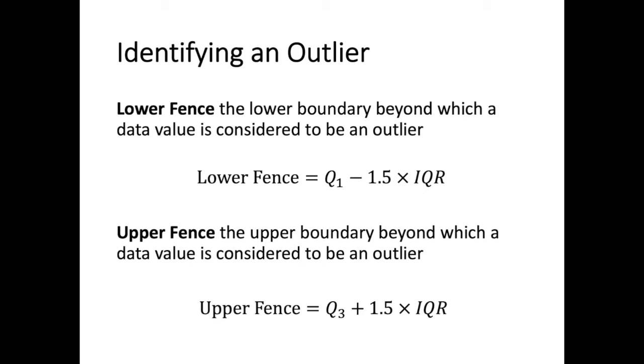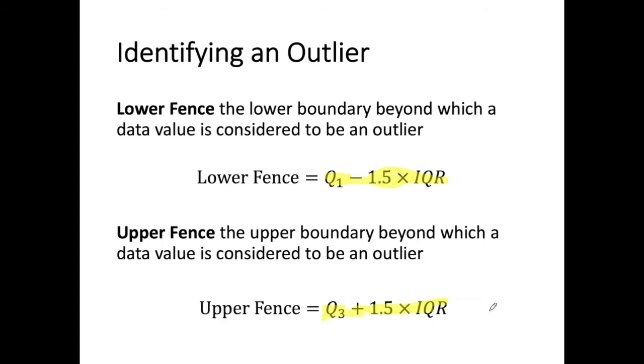If we have a number bigger than the upper fence, it is also going to be an outlier. Our lower fence is going to be quartile 1 minus 1.5 times the interquartile range, and our upper fence is going to be quartile 3 plus 1.5 times our interquartile range. So we can use those calculations to identify an outlier in a data set.